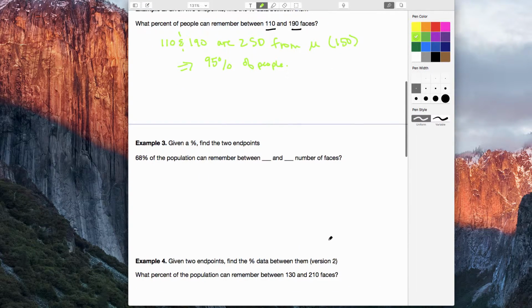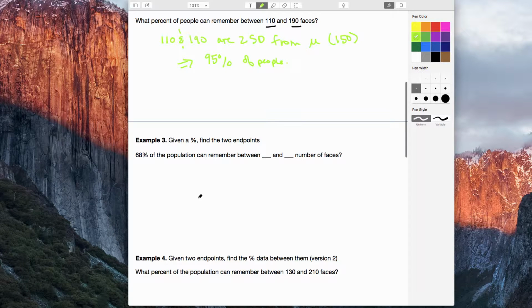Example 3, now let's reverse this. Let's say 68% of the population can remember between what and what number of faces? Well, 68%, with the empirical rule, is 1 standard deviation from the mean. 1 standard deviation was 20. The mean was 150.